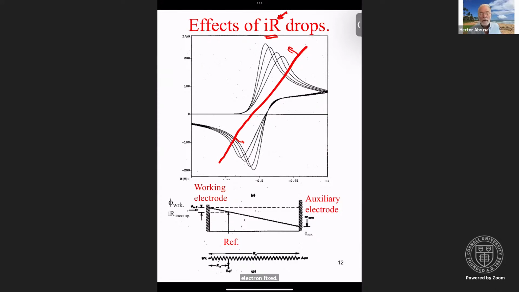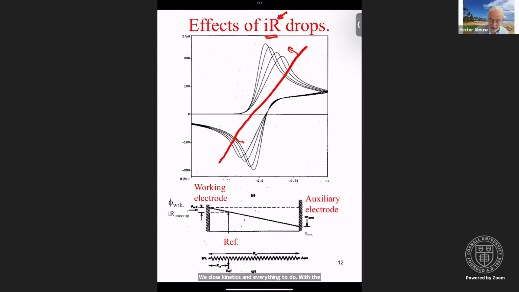If you have a highly resistive environment, then the resistance associated with the distance between your reference and your working electrode will be reflected in the cyclic voltammetric profile. And that will add an additional delta E to your delta E peak that has nothing to do with slow kinetics and everything to do with the resistance of your environment.